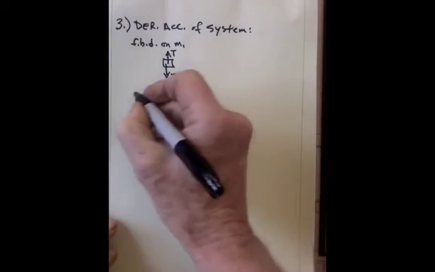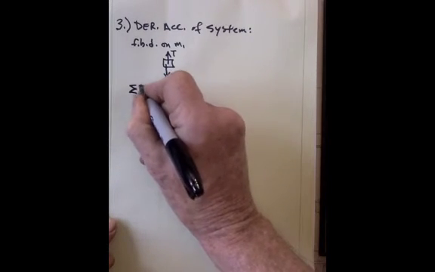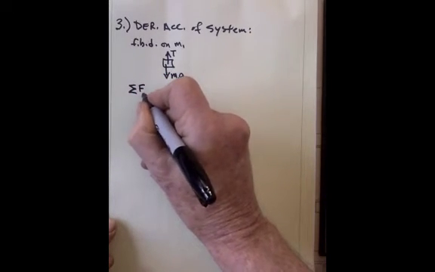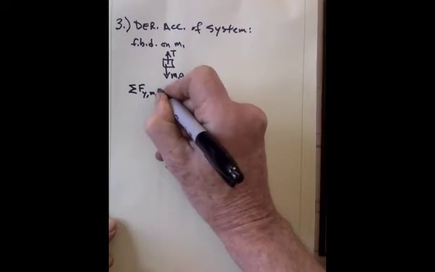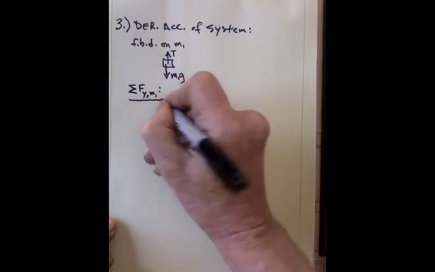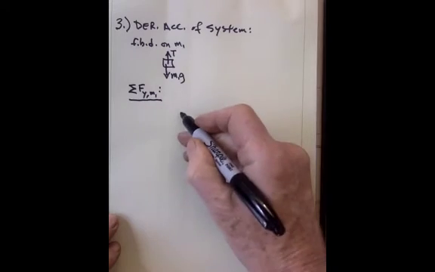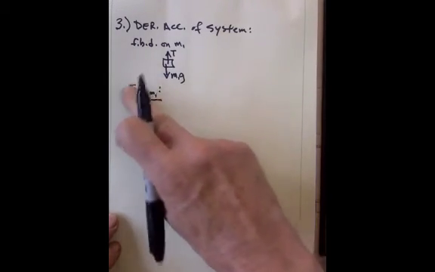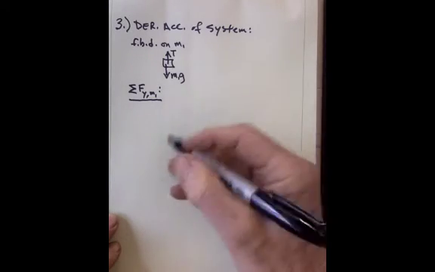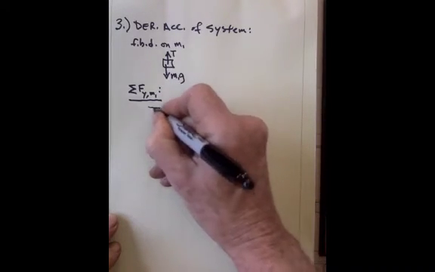So once again, you need a blurb. And the blurb in this case is in the form, the sum of the forces in the y direction on M1. Then I'm going to put a colon and I'm going to underline it. And that's basically a blurb. I'm going to then drop down and indent in, because what I'm about to do comes under the context of this blurb. And I'm going to start the summation. So I've got a force up, and I'm going to put it in right there.